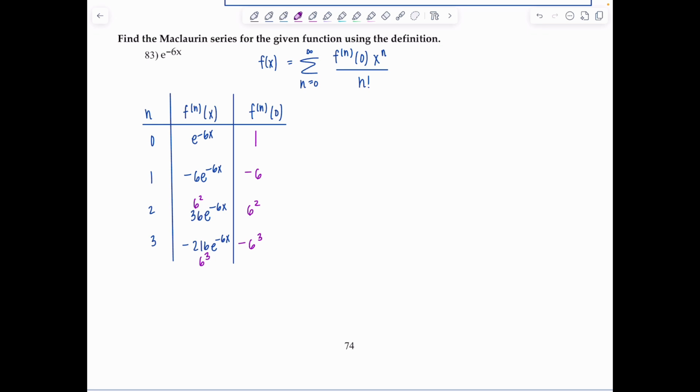We're going to have 1 times x minus 0 to the 0 over 0 factorial minus 6x to the first over 1 factorial plus 6 squared x squared over 2 factorial minus 6 cubed x cubed over 3 factorial. And then I didn't even do the fourth one, but I can tell it's going to be plus 6 to the fourth x to the fourth over 4 factorial, right?